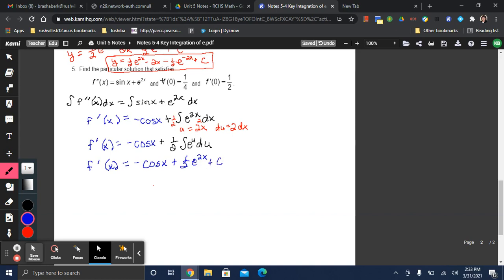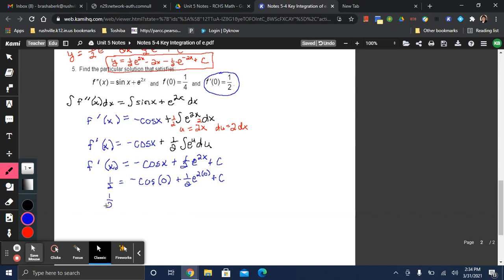So at this point, we will use our f prime information. So f prime of 0 equals 1/2. So we would plug in 1/2 for the y value, and then do the negative cosine of 0 plus 1/2 e to the 2 times 0. And remember that 0 is going in for the exponent, so it does not make this just completely disappear.